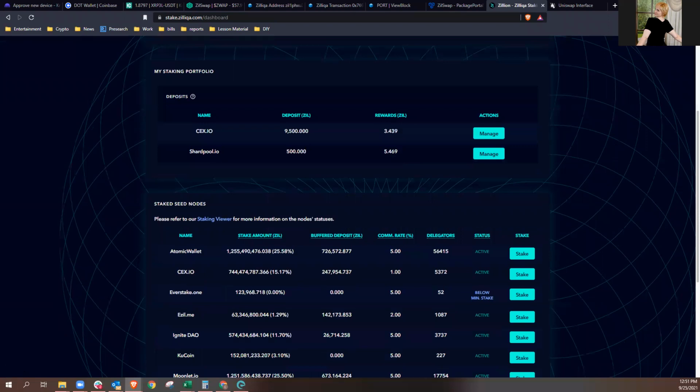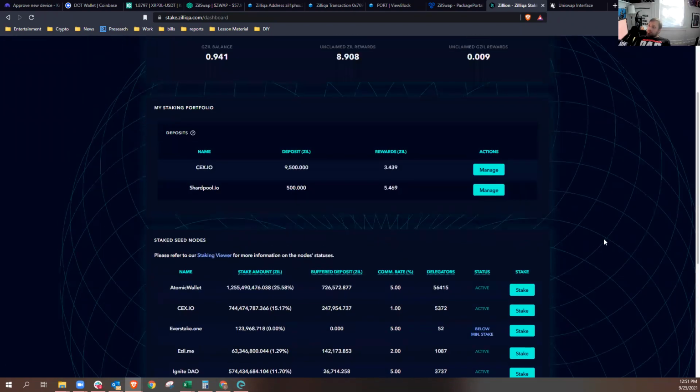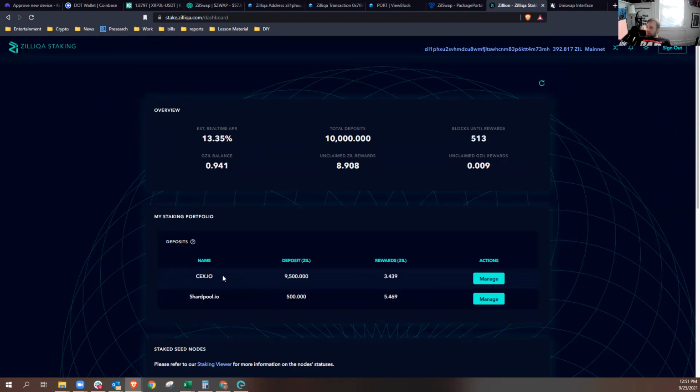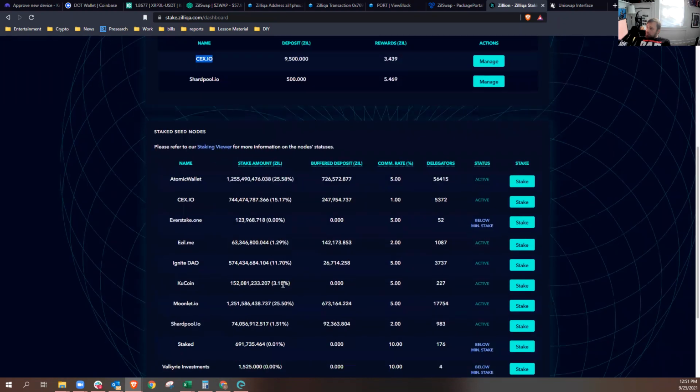For me, I like the CEX.io one because they charge the lowest amount of fee. The commission rate is the percentage of incoming rewards that the operator takes as commission. So CEX.io only takes 1% of my rewards. That's really good. I stake with them.